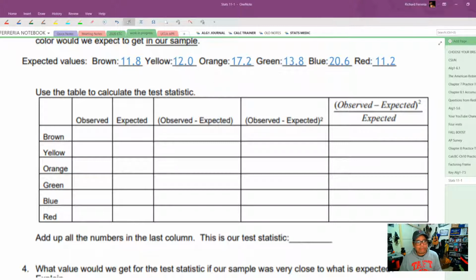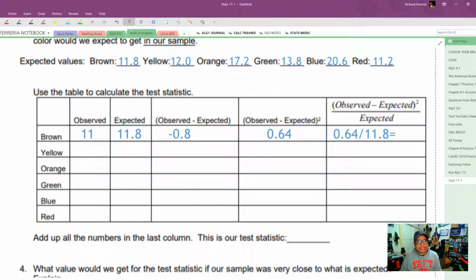For the brown M&Ms, we observed 11. We expected 11.8. Observed minus expected is negative 0.8. Squared, that's 0.64. And then observed minus expected squared divided by expected is 0.64 divided by 11.8, which is 0.0542.